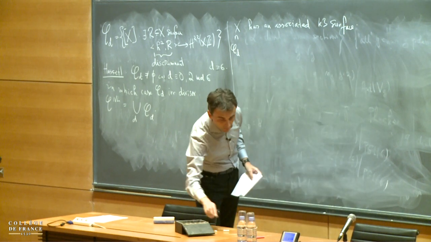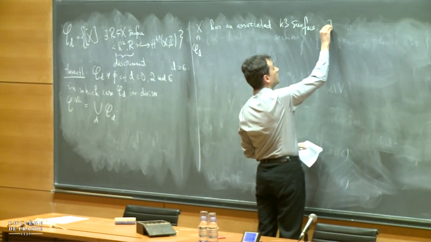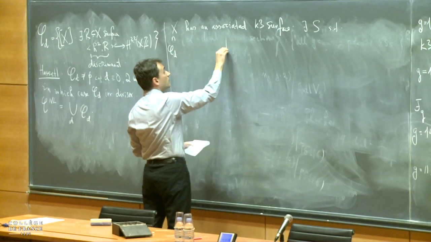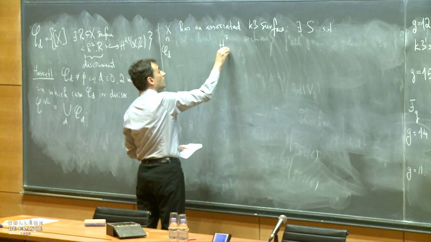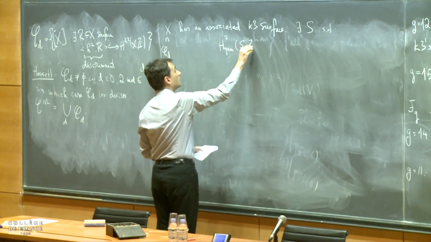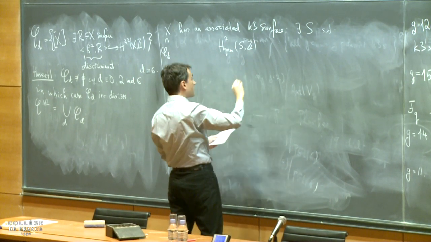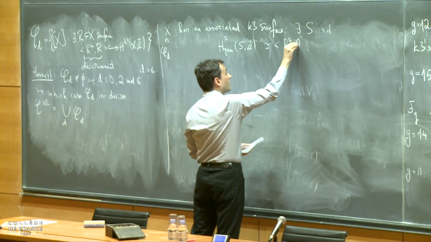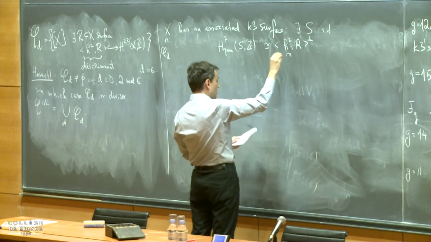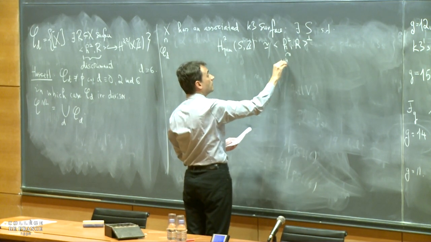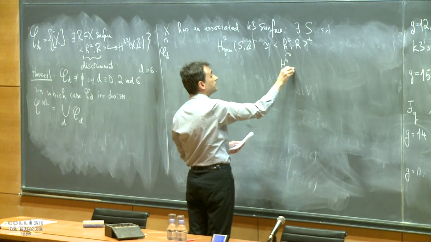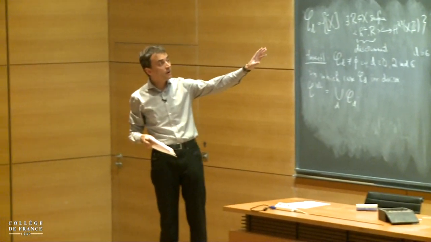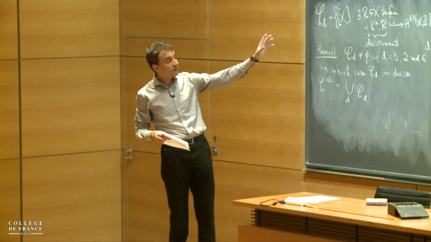If there is a polarized K3 surface S such that the primitive cohomology of the surface, as a Hodge structure, is isomorphic to the orthogonal of the lattice in H^4 primitive of X. So this K3 surface is a purely Hodge theoretical object, and it appears there via the Torelli theorem.